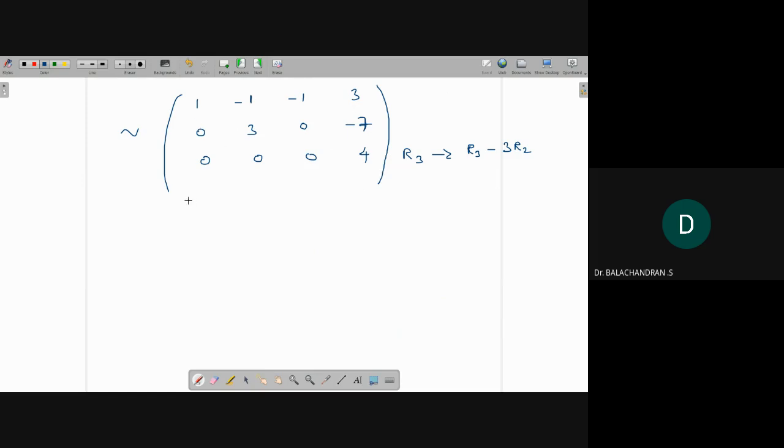Okay. So the number of non-zero rows in the echelon form of A is 3, and the number of given vectors is also 3, and hence the vectors are linearly independent.